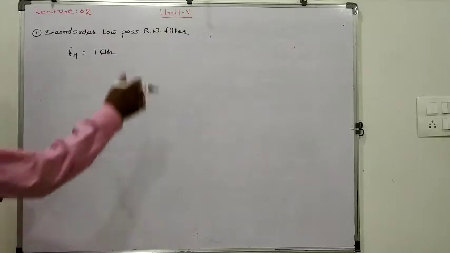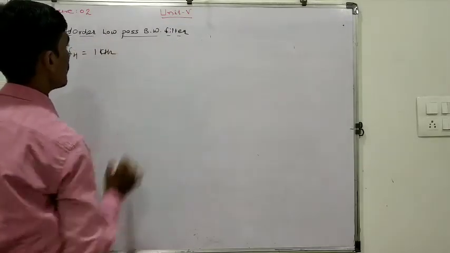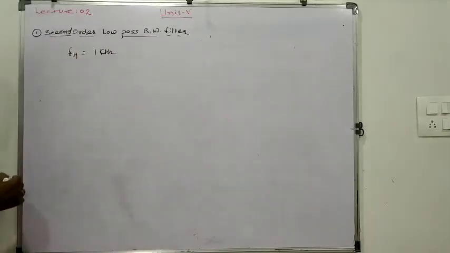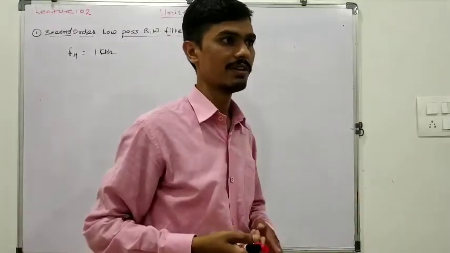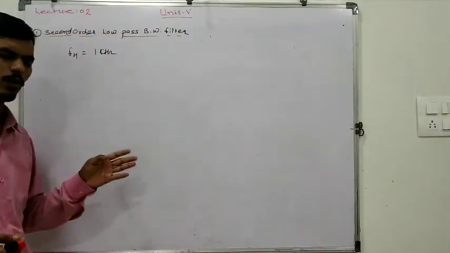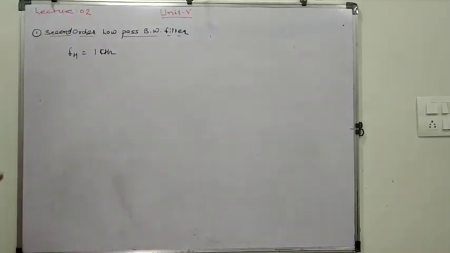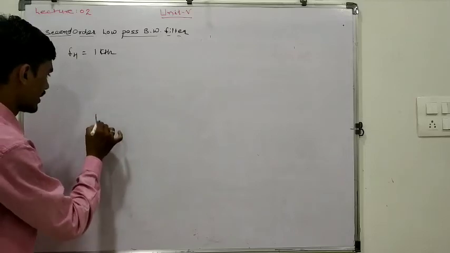Here we have to design the second order low pass Butterworth filter. Whenever there is a question to design a first order low pass filter, high pass filter, or any filter given in the problem, first of all we have to draw the circuit diagram of that filter. So I just draw the circuit diagram.